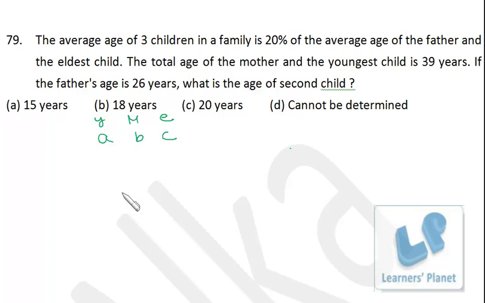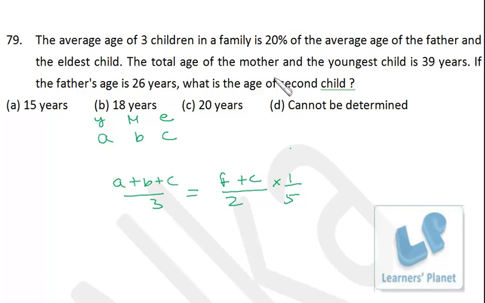Okay, average is A plus B plus C by 3, and that is equal to 20% of the average age of father and eldest child. So father is F, eldest child is C, and their average is this, and this average is 20% of this average. So 20% is actually 1 by 5.